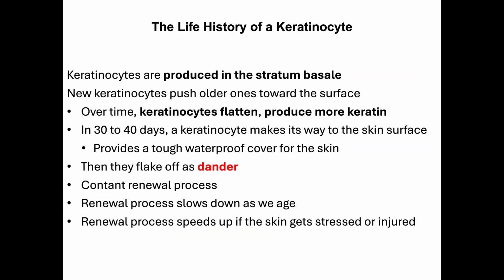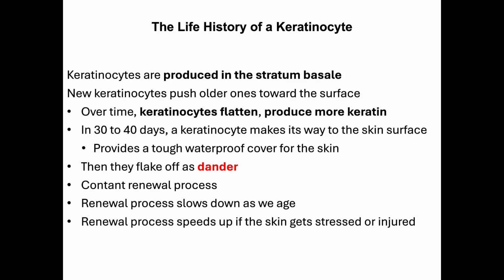So if you look at the life cycle of a keratinocyte, where is it produced? In the stratum basale. That's where it's produced. Over time, it moves from the bottom to the surface because new and new cells are produced at the bottom. So it's pushed to the surface.